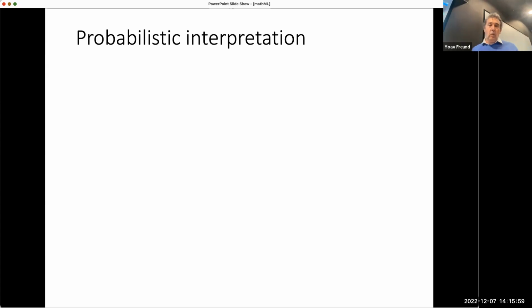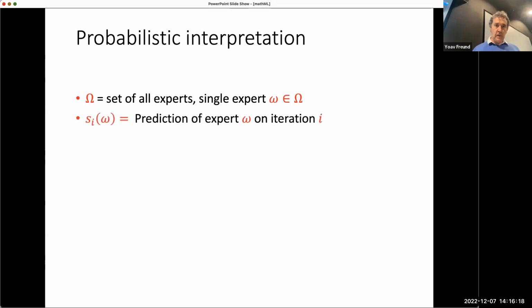Okay, so what I want to give you now is a probabilistic interpretation, which I will build in this example and the next example, and then I'll use it in the real stuff. So what's the probabilistic interpretation? You can think about the set of experts as the sample space, which has measure 1. A single expert is just a point there.